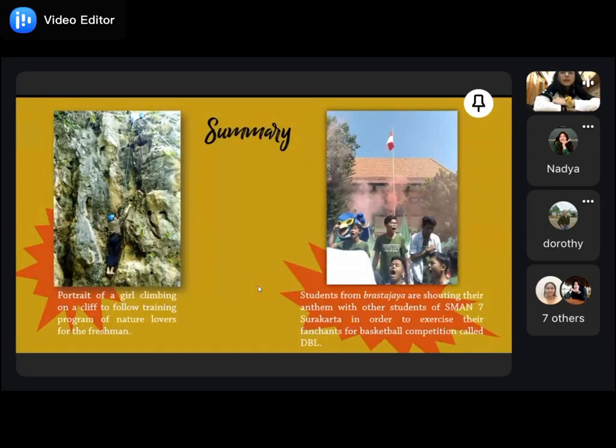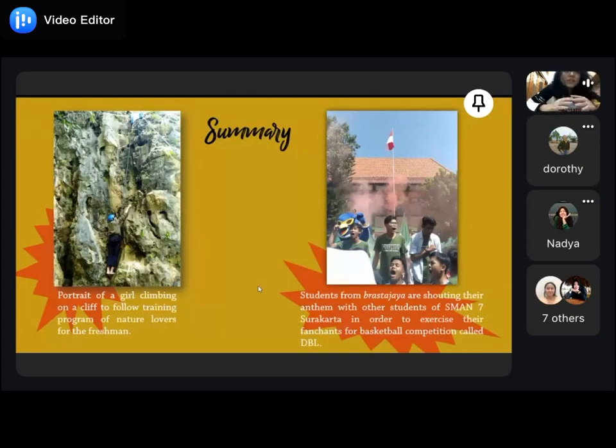So for the third one, there's summary. Summary is a full explanation about subject, activity, time, detail, and often location. For the portrait of a girl climbing on a cliff to follow the program of nature loggers for the freshmen, you can see what she's doing, the time, the location, and why it happened.